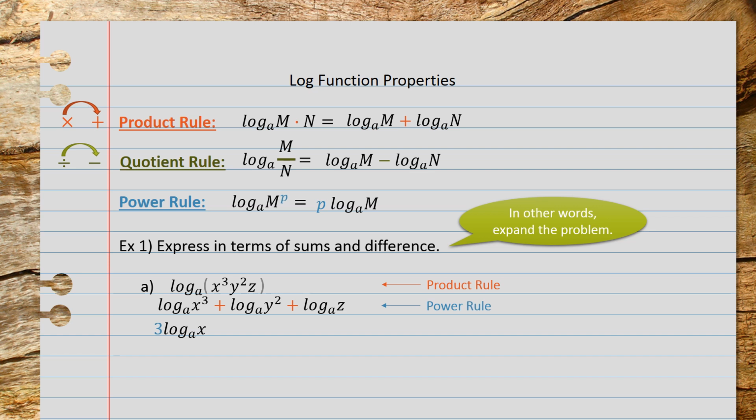Look at the second term. Does it have an exponent? Yes. That power relocates to the front to give you 2 log base a of y. And the last term, does it have an exponent? No. So it will remain log base a of z. This is your expression: 3 log base a of x plus 2 log base a of y plus log base a of z.